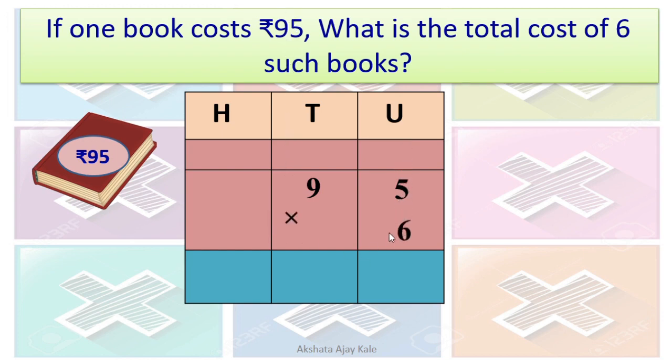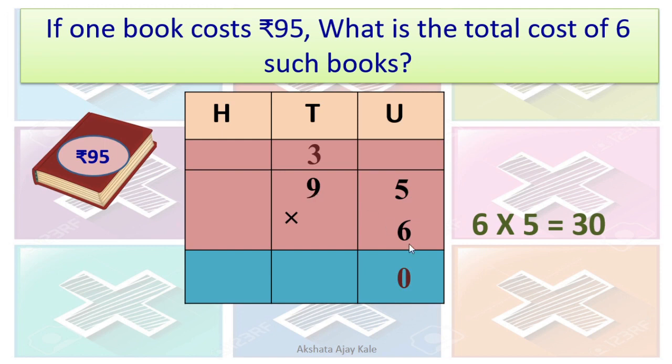Okay. Now we are going to multiply the unit place number, that is 6 5s are 30. Correct? So we will write here 0 and 3 is carried over to the tens place, isn't it? Now we will multiply 9 and 6.